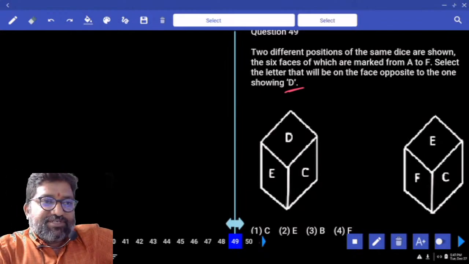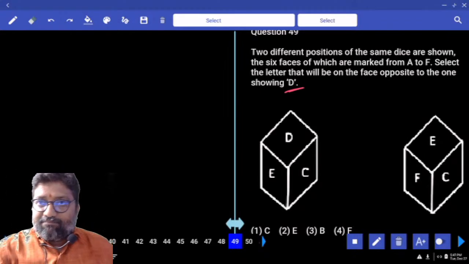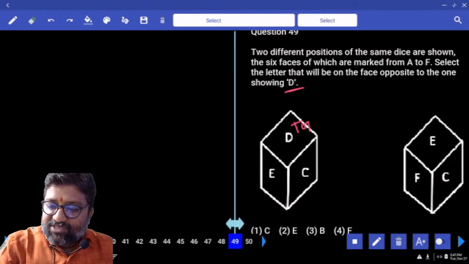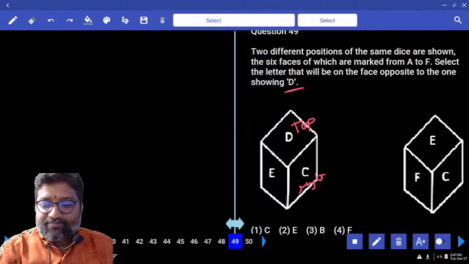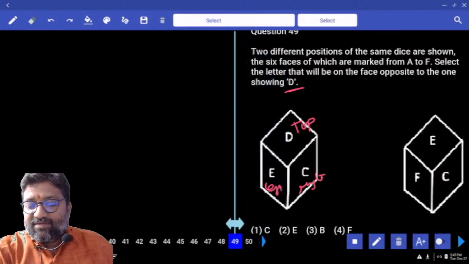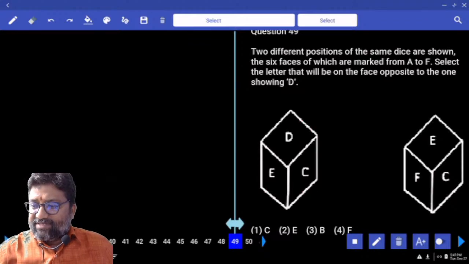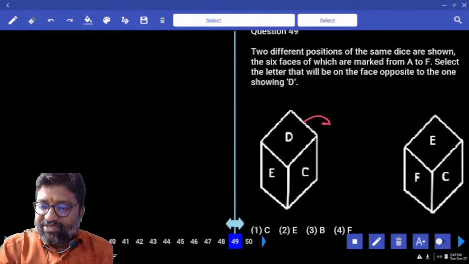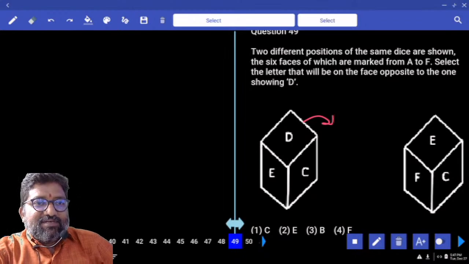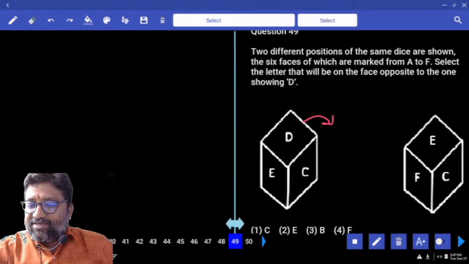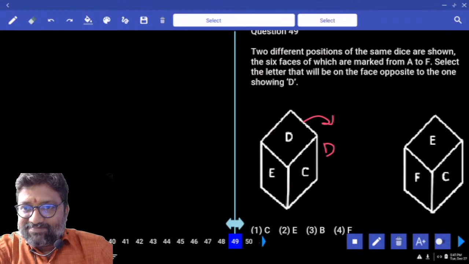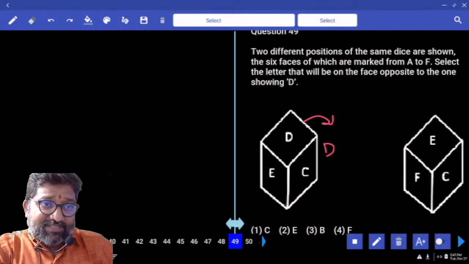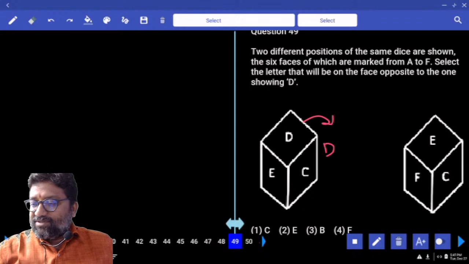I need to get what? Showing the one which is opposite to D. Observe carefully. You know that this position is called top, right, and this is left. Whatever it is, simple judo. I'm flipping this to the other side. I'll flip this to the other side. D goes somewhere behind. E goes to the top position and C will remain in its own place.